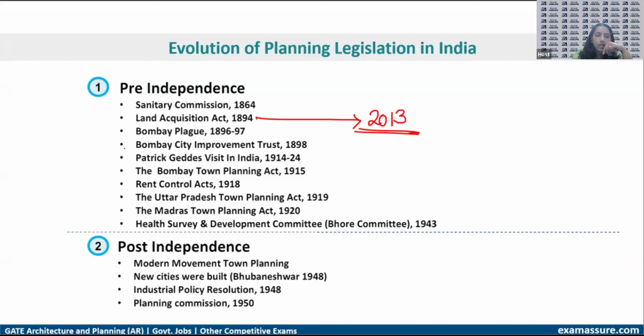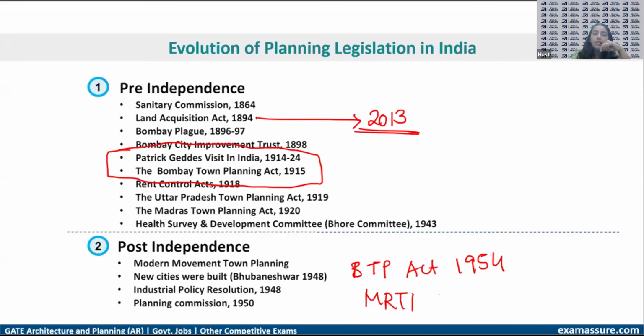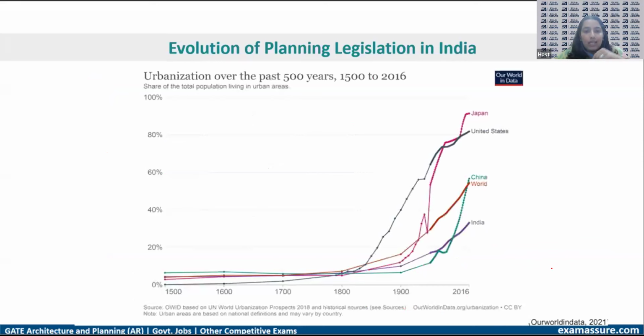Most important for us is this, along with the Bombay Town Planning Act of 1954 and the Maharashtra Regional Town Planning Act of 1966. So let's have a detailed look at that.